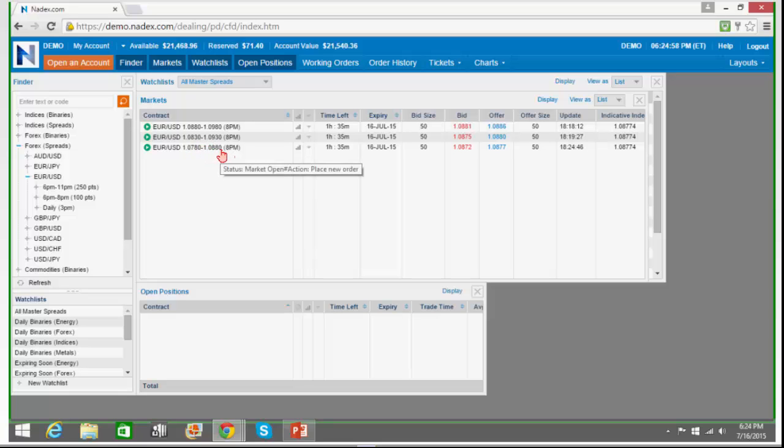All right? So what they did is you have a 100-point spread that has a ceiling, a top of 0880 going down 100 points. Then you have a top spread that has a floor of 880 going up 100 points. Does that make sense?